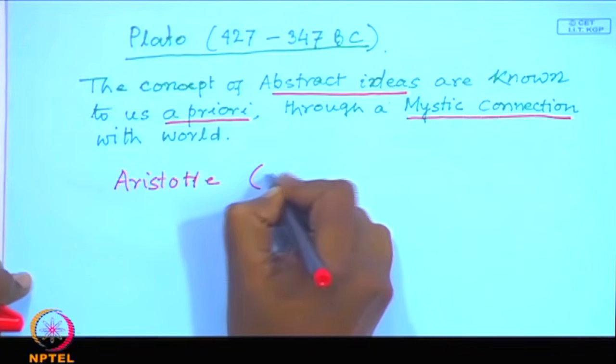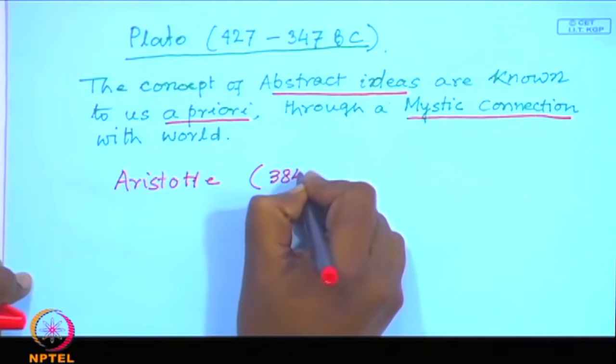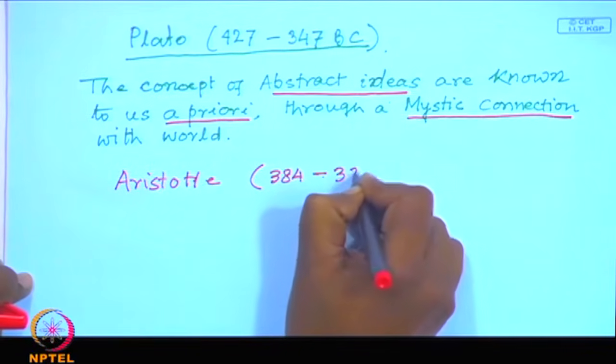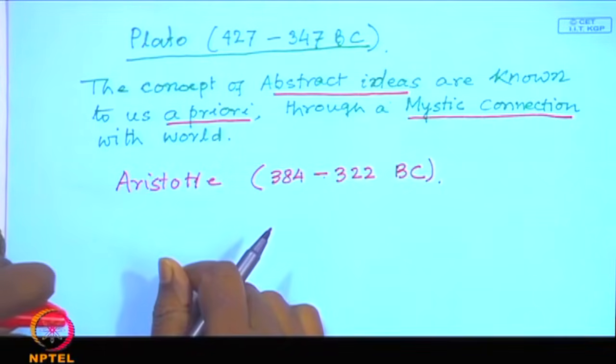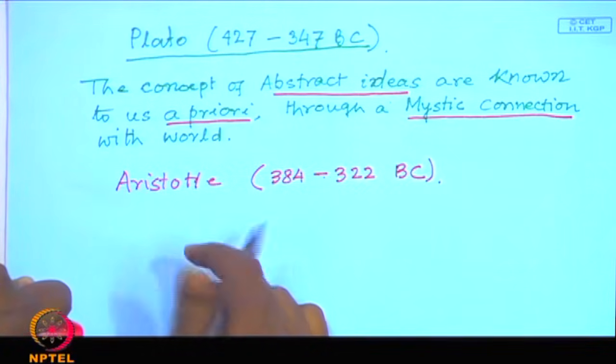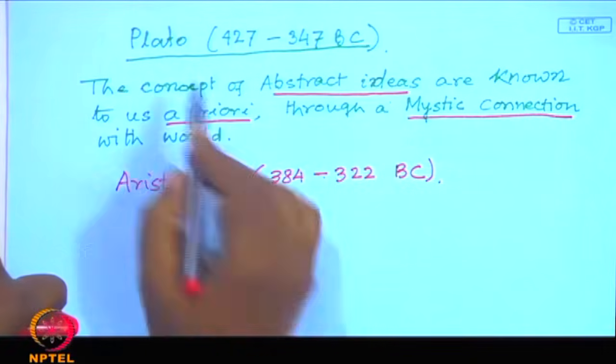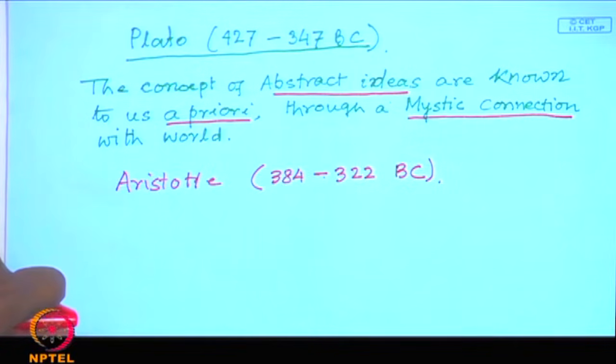lived from 384 to 322 BC. You see, it is before Christ, so almost 2005 years ago. Aristotle, who was actually Plato's student, did not fully agree with the concept of a priori knowledge given by Plato.